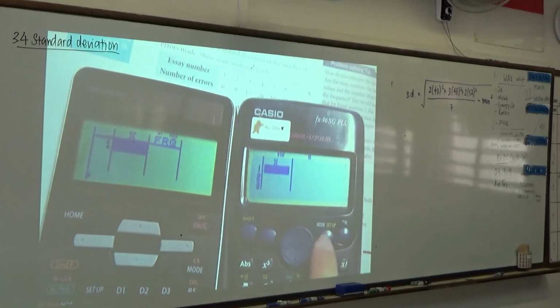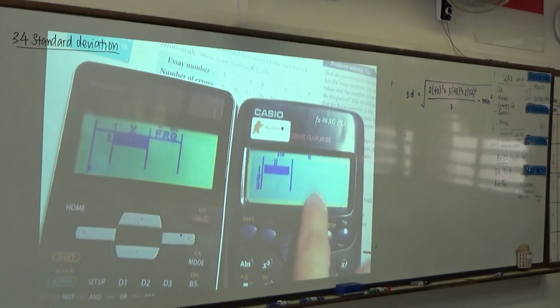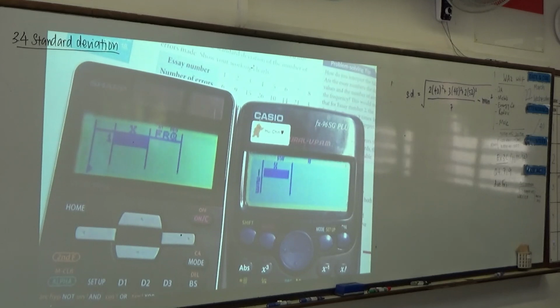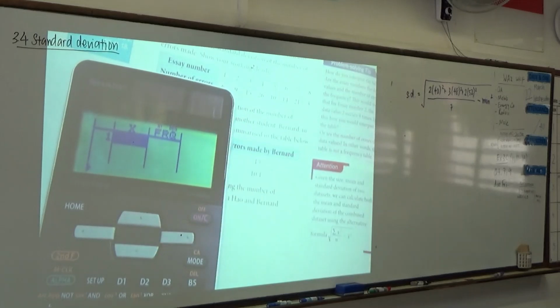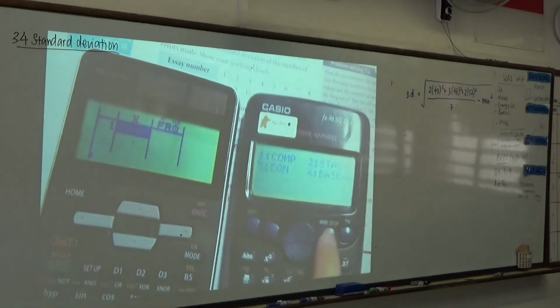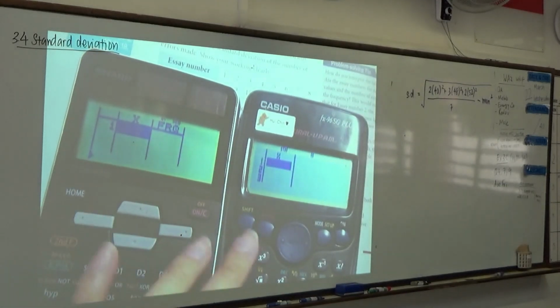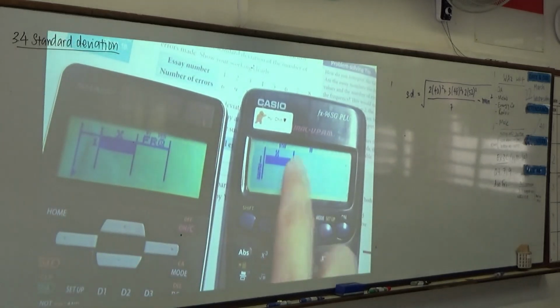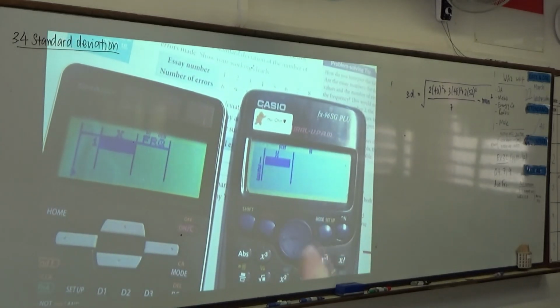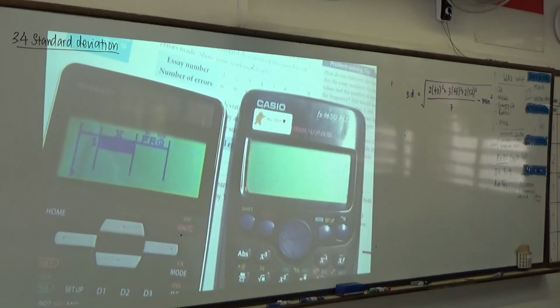Now no more frequency over here, right? We need to switch on the frequency. So you need to know how to switch on your frequency. Sorry, I also forget a little bit sometimes. Okay, I found it. So when you go into your stat, for the Casio one, in order to have that frequency column, which is important, you go back to ON.